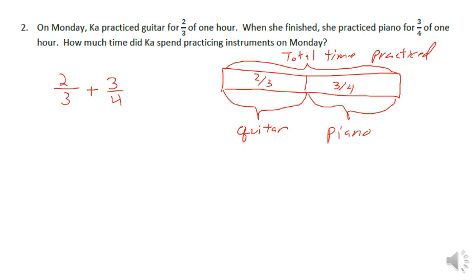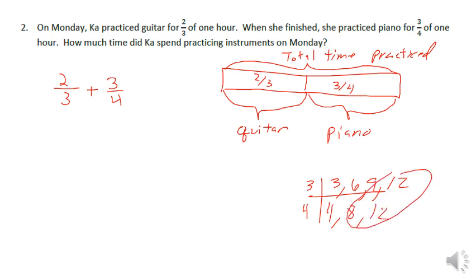Now, if we do our least common multiple of 3 and 4, we have 3, 6, 9, 12, 4, 8, 12. We can see we have 12s. So I'm going to take 2/3 times 4 over 4, since 3 times 4 is 12, plus 3/4 times 3 over 3, since 4 times 3 is 12.